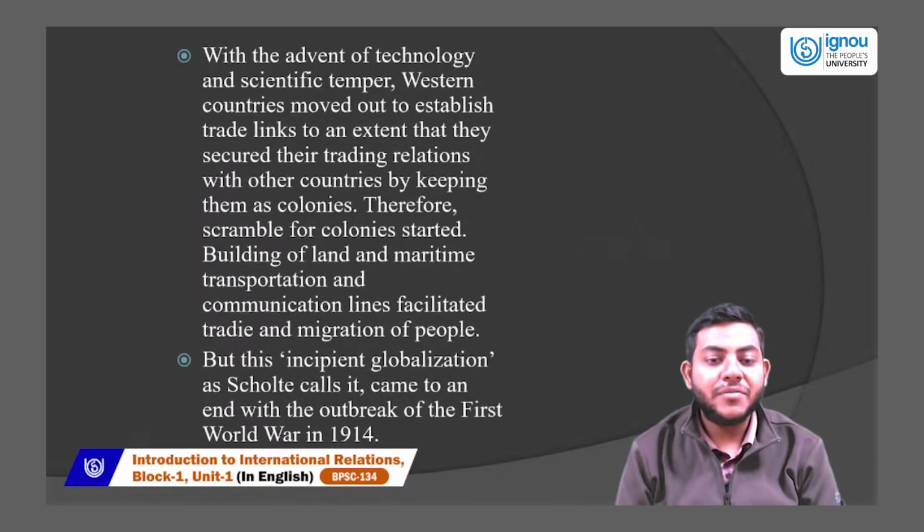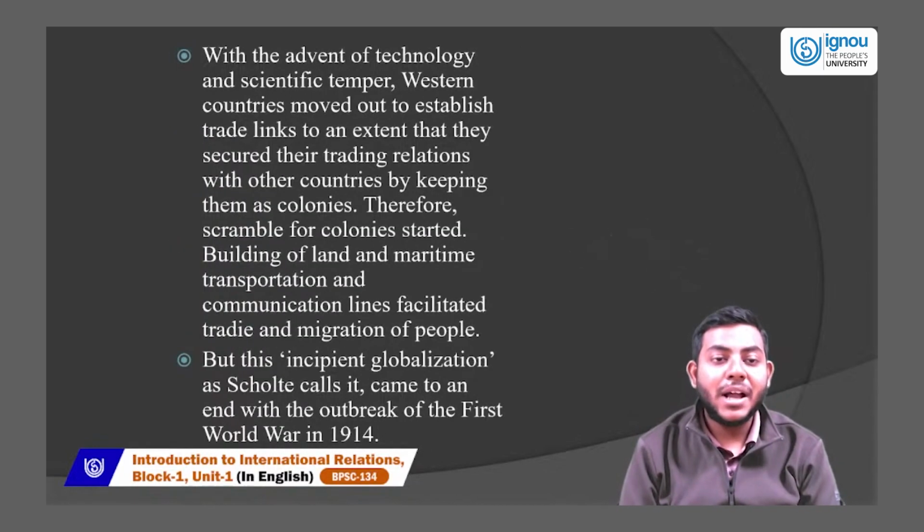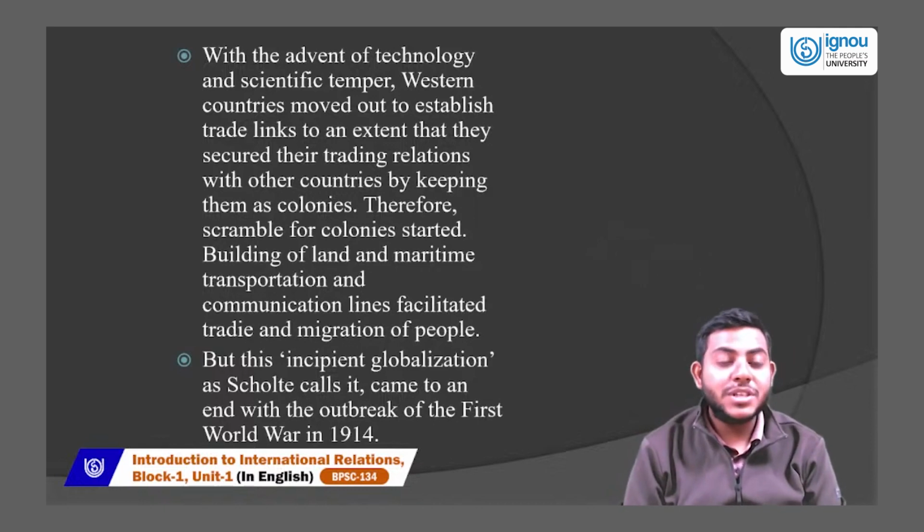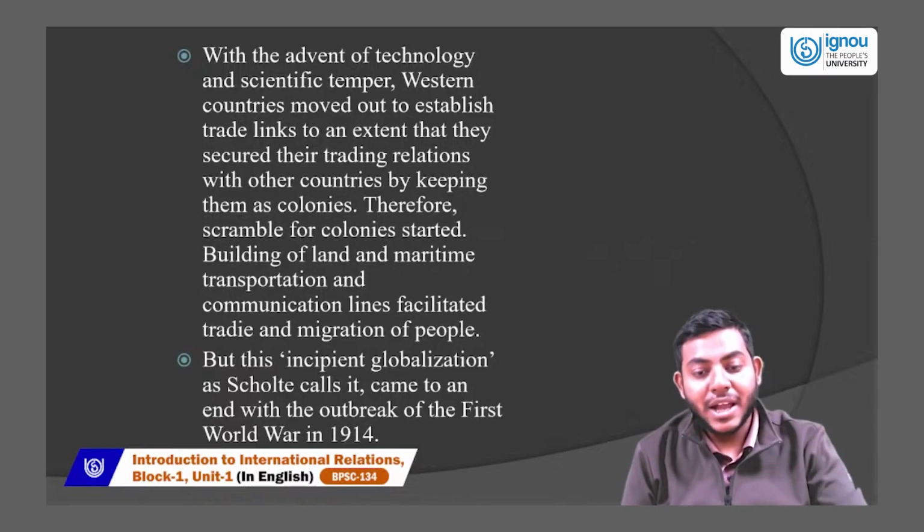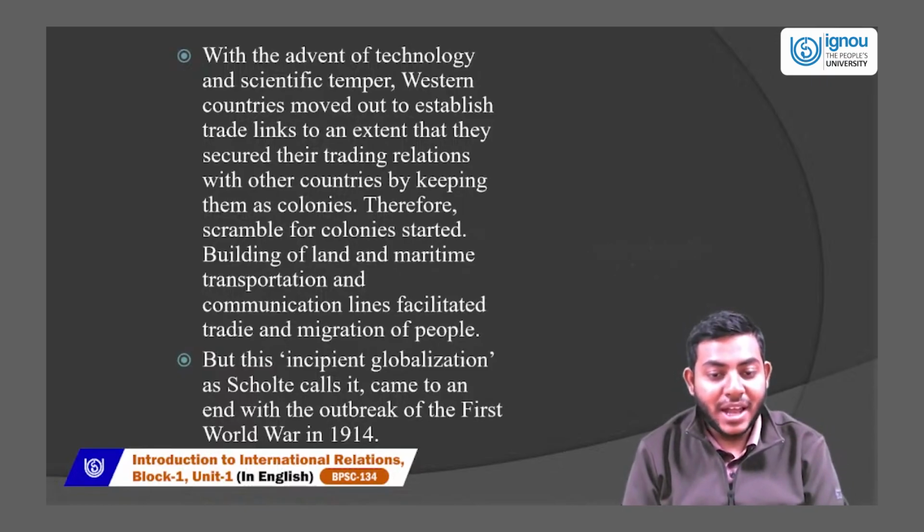So with the advent of technology and scientific temper, Western countries moved out to establish trade links to an extent that they secured their trading relations with other countries by keeping them as colonies. Therefore, the scramble for colonies started. Building of land and maritime transportation and communication lines facilitated trade and migration of people.